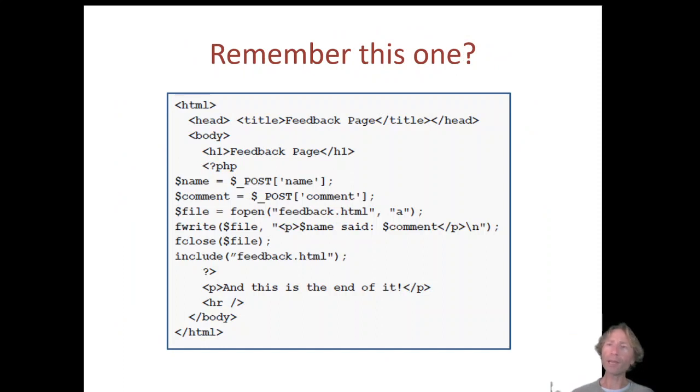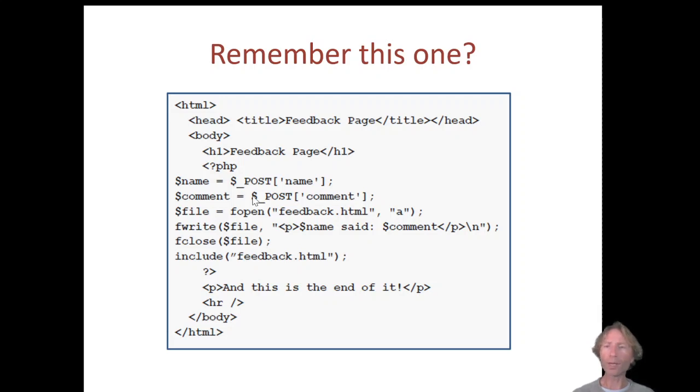So let's have a look at an example where we have the same code that we introduced a while ago in a previous video. This was a really simple and dumb program where I already indicated that this is a problematic case. It's the feedback page. The feedback page contains a little bit of PHP code that obtains the name and a comment for including on the web page some feedback.